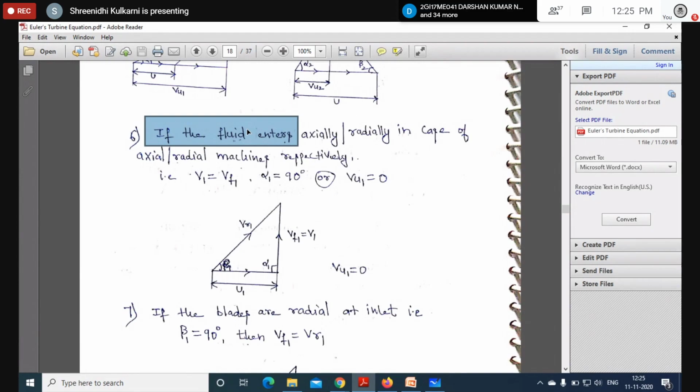The fluid is entering into the turbine. Which notation can we use? I'm not talking about the velocity triangle, but the fluid entering.